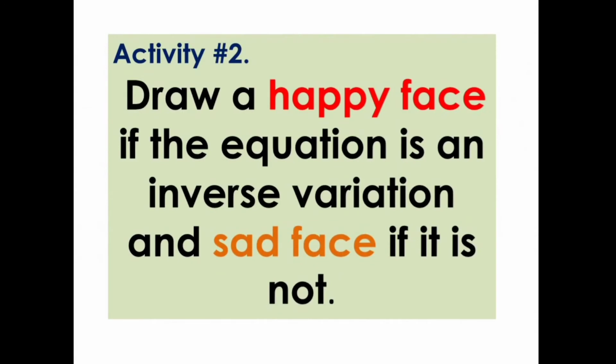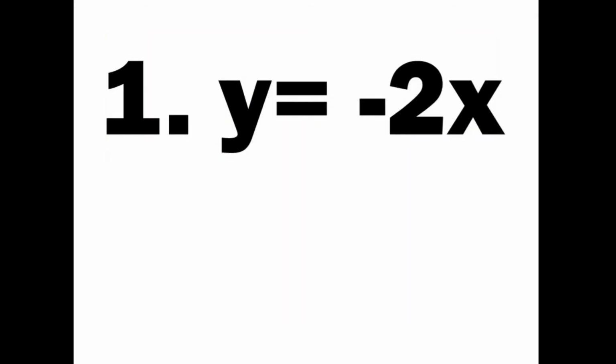Okay, class, let's try activity number 2. Get a piece of paper and answer this. Draw a happy face if the equation is an inverse variation and a sad face if it is not. Number 1, y equals negative 2x.